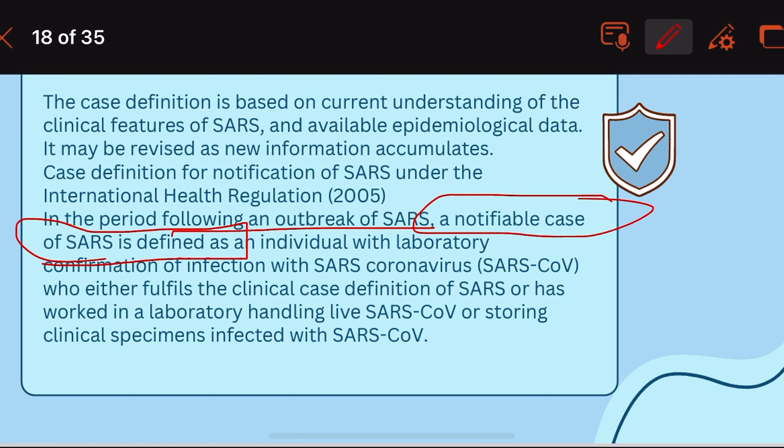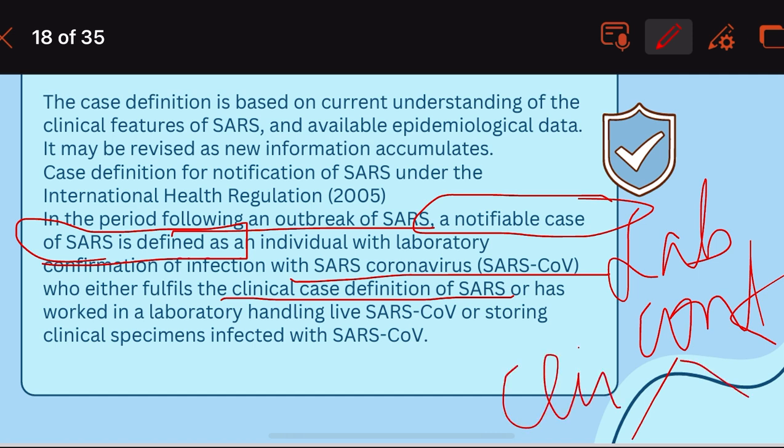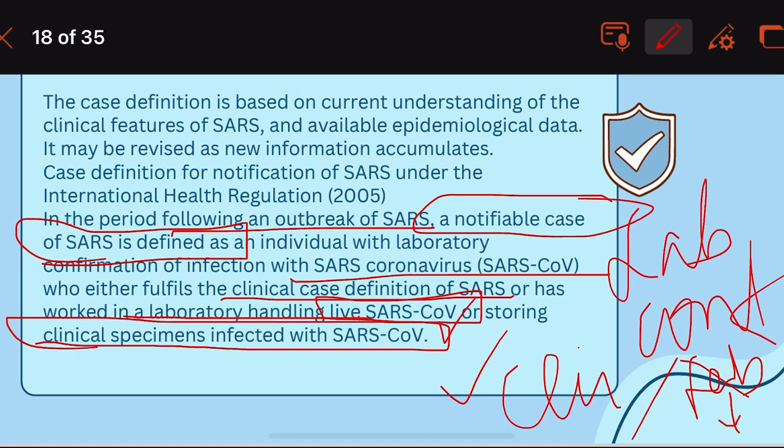An individual with lab confirmation, a person with lab confirmation of SARS coronavirus, who either fulfills the clinical case definition of SARS, or has worked in a laboratory handling the live SARS coronavirus, or is a lab technician dealing with the live SARS coronavirus, or storing clinical specimens infected with the SARS coronavirus.